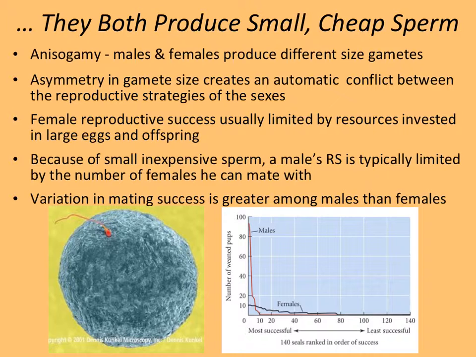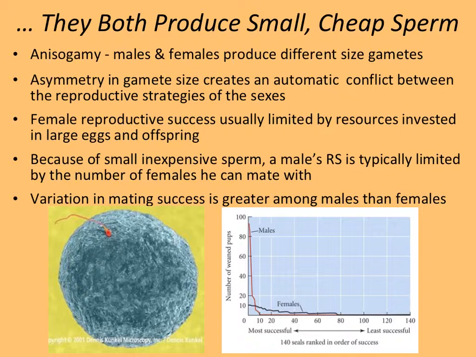She only has a limited number of resources. Males provide lots of resources for his sperm, but he ends up with tons and tons of sperm. So a male's reproductive success, unlike a female's, is limited by the number of females he can mate with.